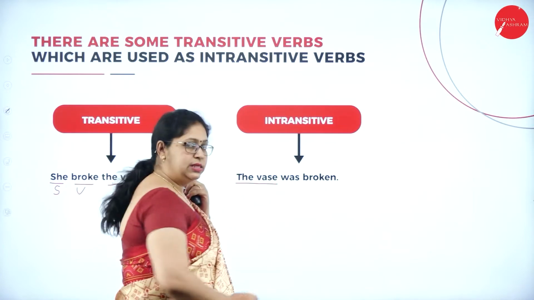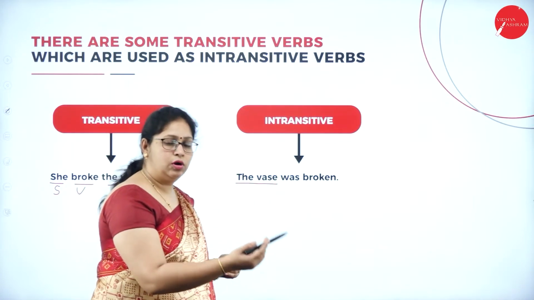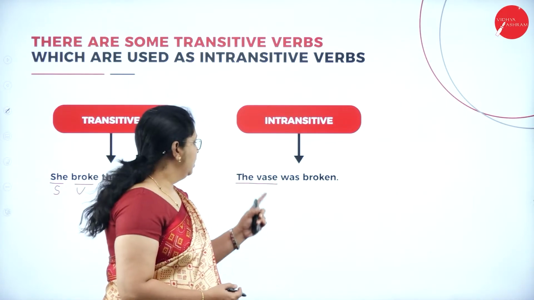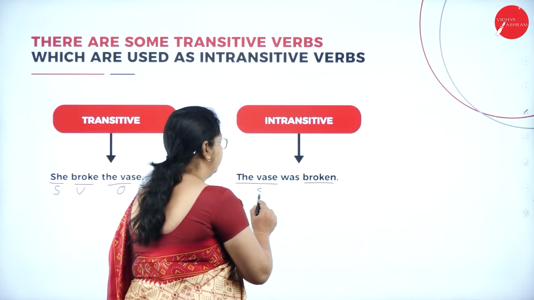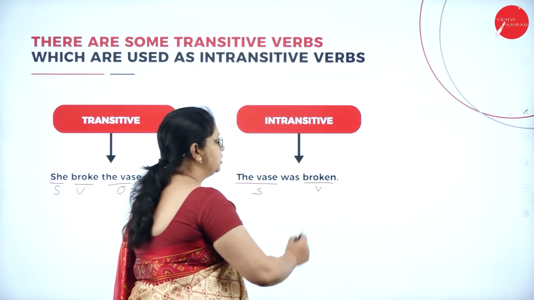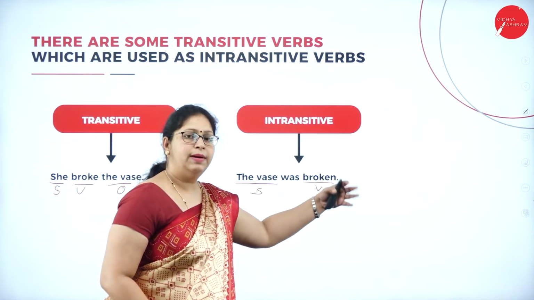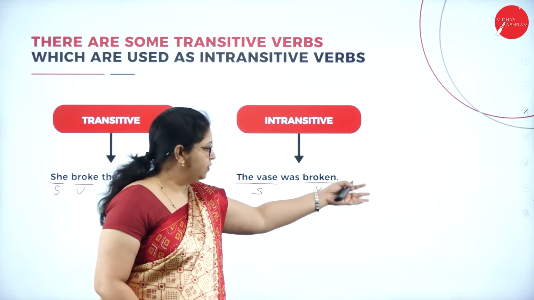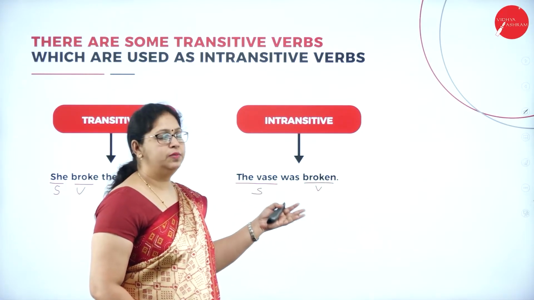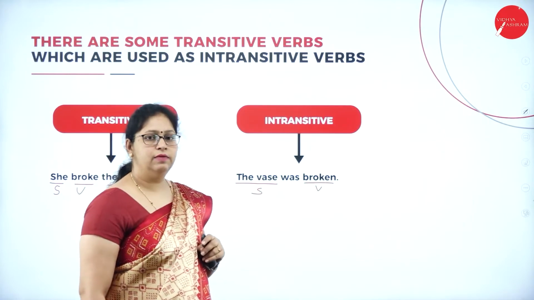So the object is brought to the place of the subject. The vase was broken. Broken is the verb. Nothing should be there after the verb. If nothing is there, then this verb is said to be an intransitive verb.